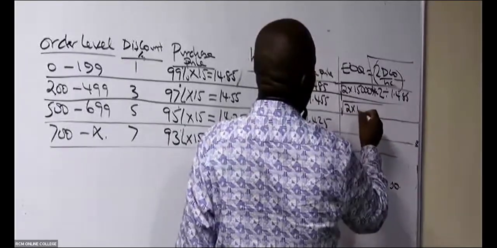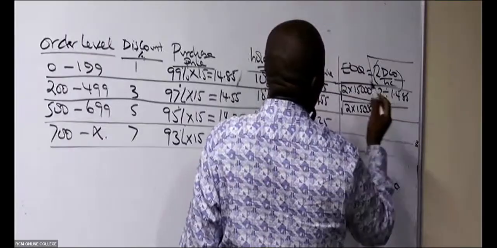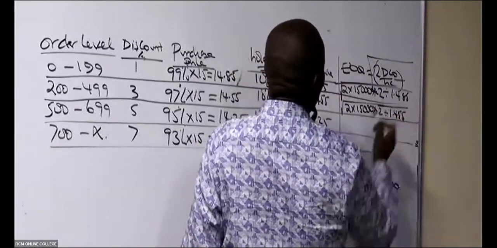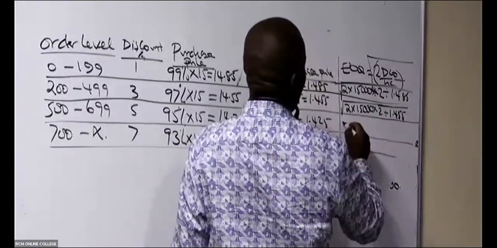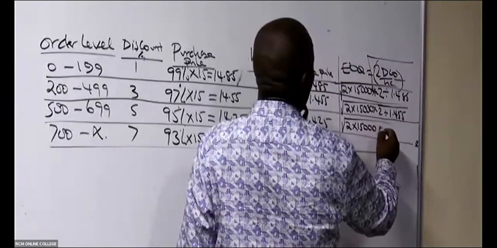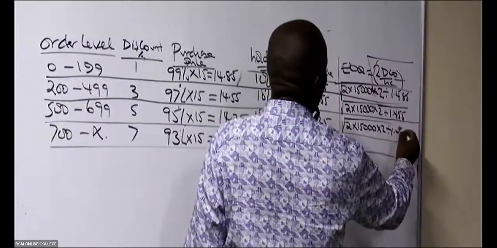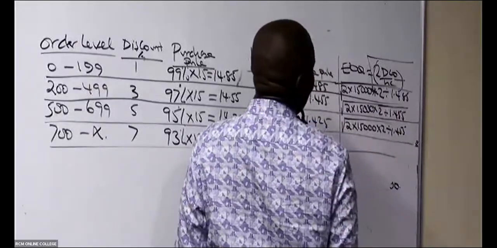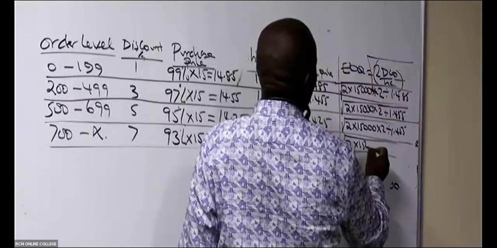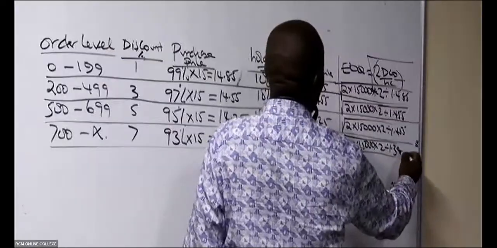So 2 times 15,000 times 2 divided by 1.455, and the same for 1.395.